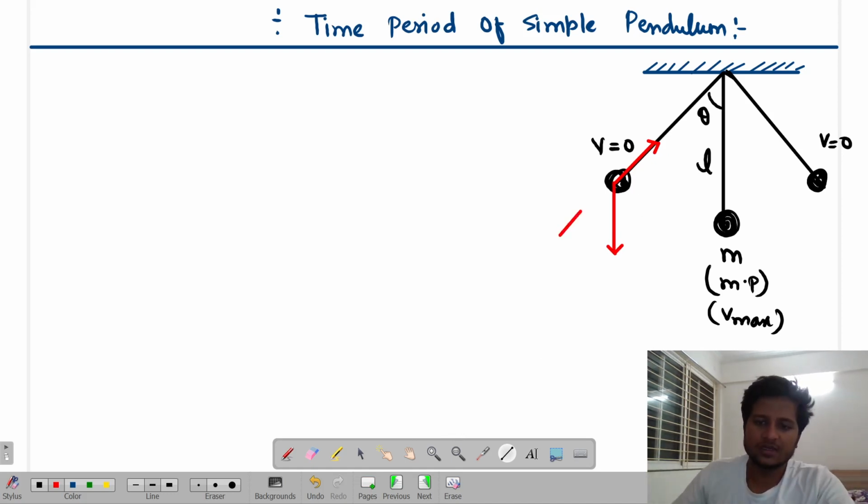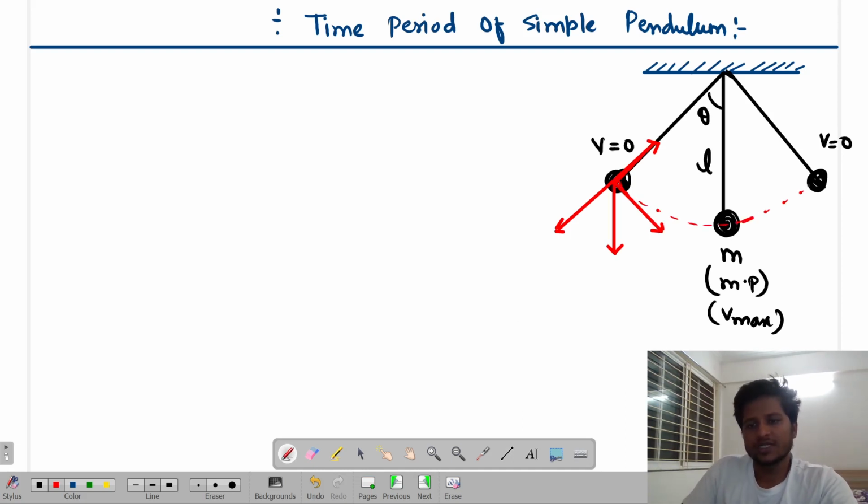So basically we can resolve this weight component, will not resolve the tension component. So at the extreme, wait. I'll tell you. Like we can resolve tension also, but the answer will come as same. No problem regarding that. So look over here.